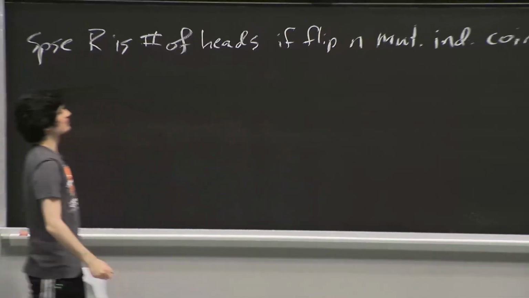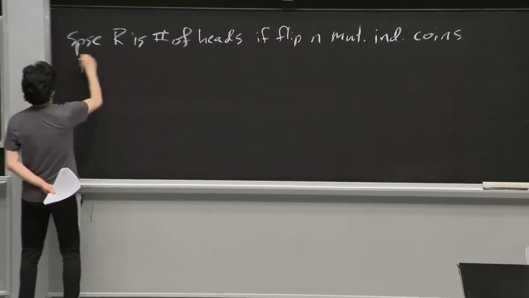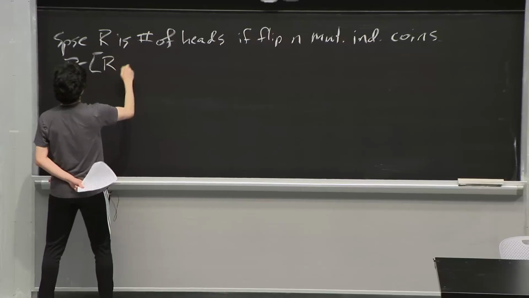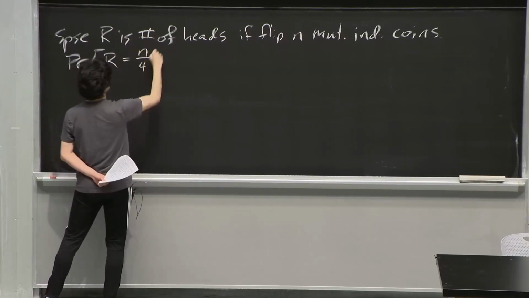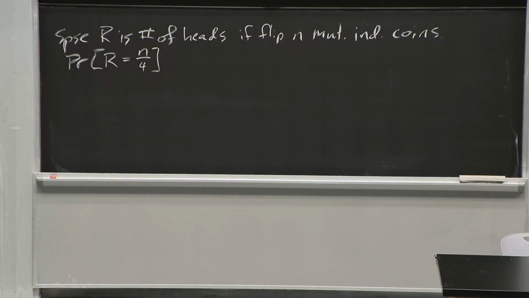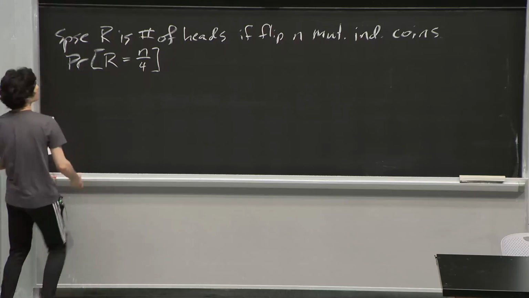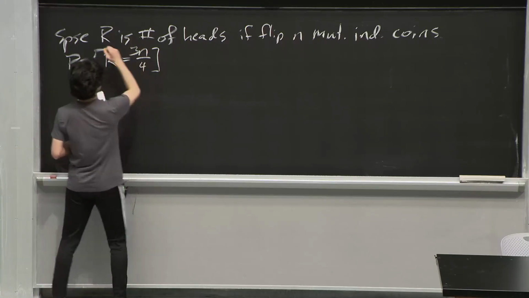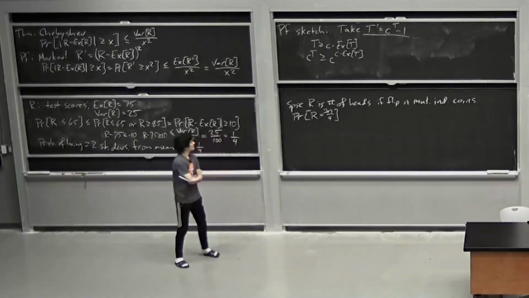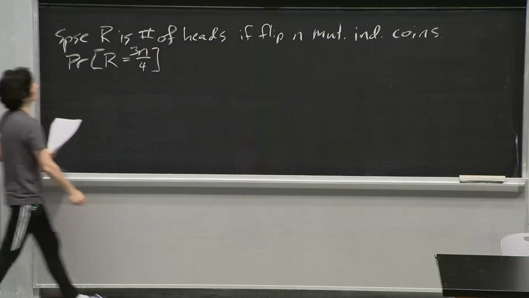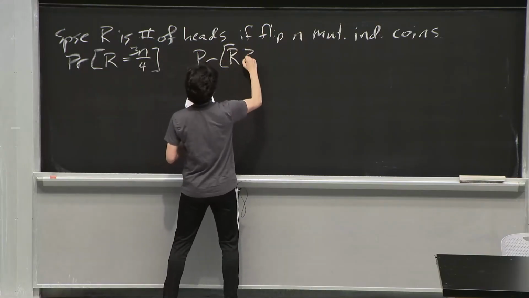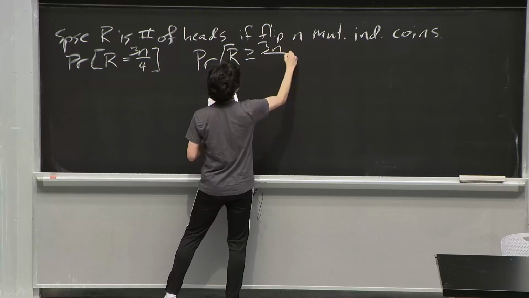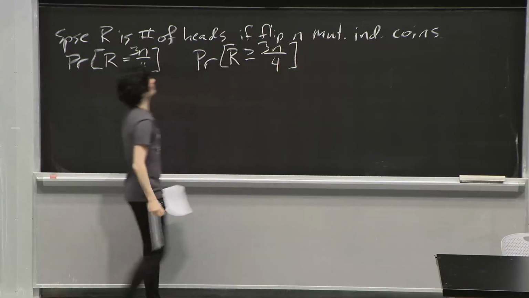If you recall, we were looking at the probability that R is equal to n over 4 before, or maybe equivalently 3n over 4 might be a better way to analogize. And I promised you that we would revisit this probability, R greater than or equal to 3n over 4.